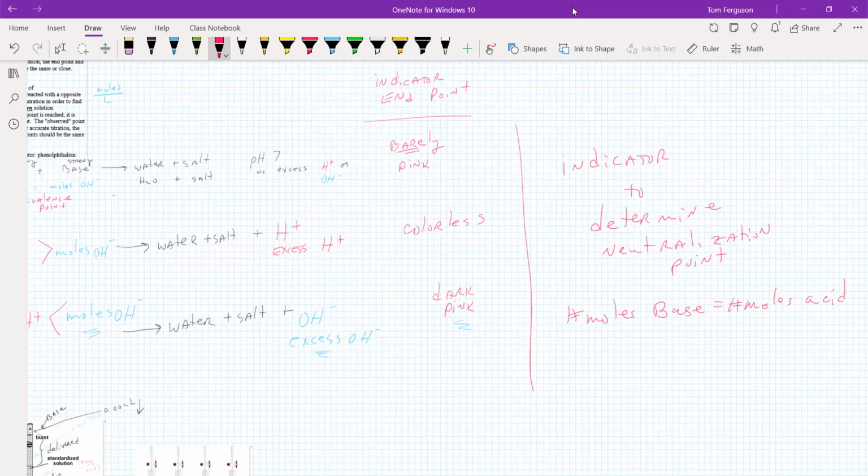The indicator will tell us that. That's called an endpoint.